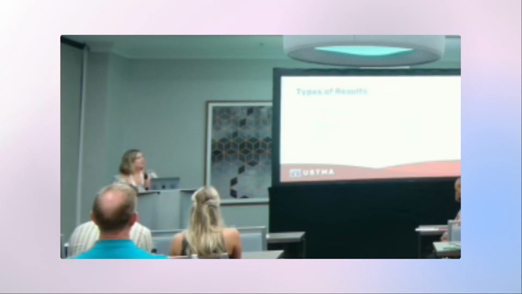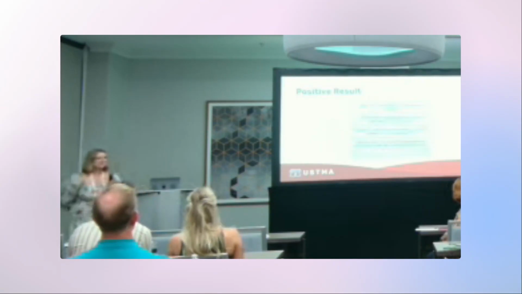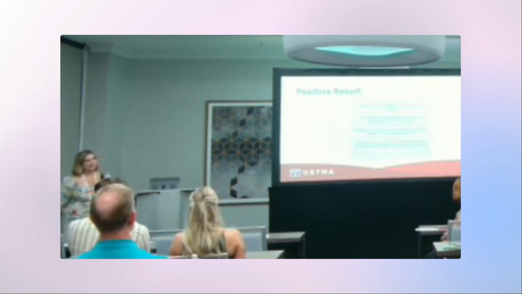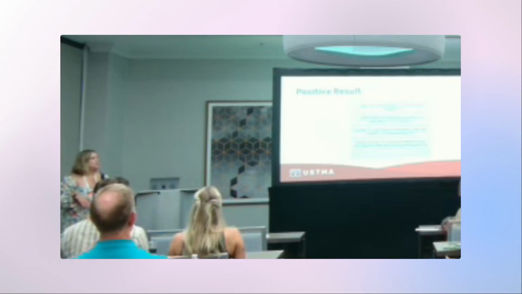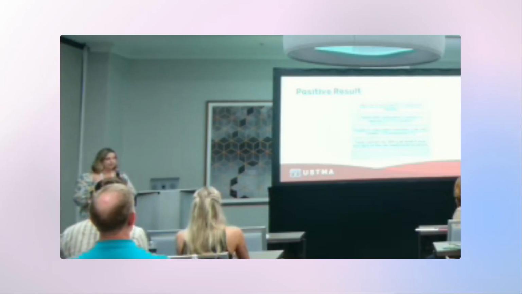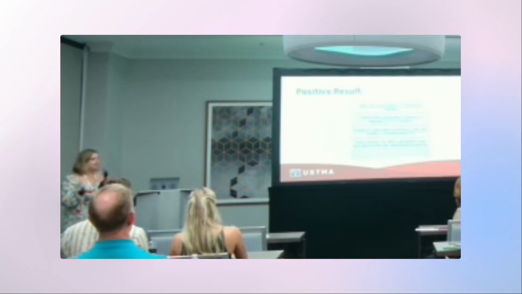All right, we're gonna skip this slide since it didn't work out the way I wanted it to anyways. So there are three different kinds of results we can get from genetic testing. The first result is a positive result. So we can see either one or two ADAMTS13 variants. So that person who had genetic testing is either a carrier or has a diagnosis of cTTP.